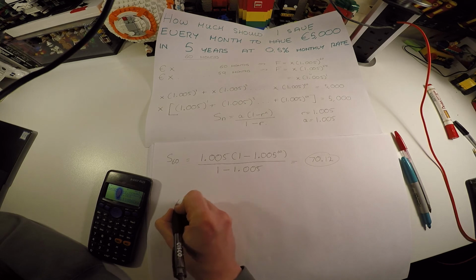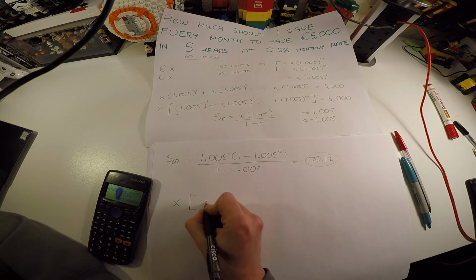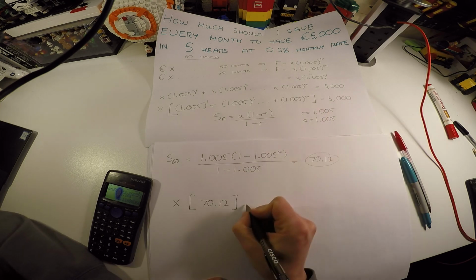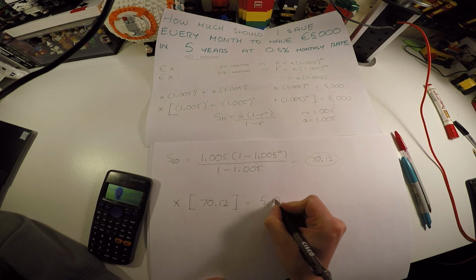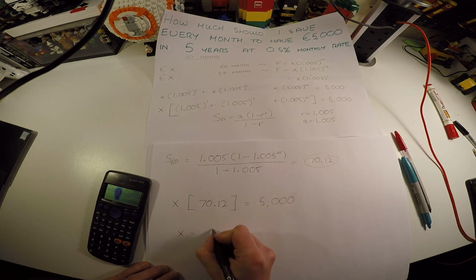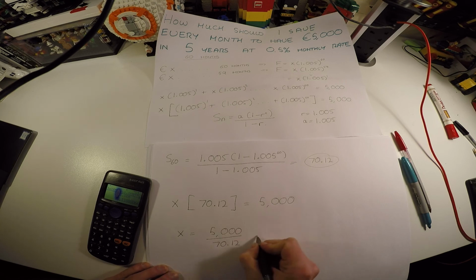So I can actually write this. I can write X, and the stuff in the square brackets was 70.12. And don't forget, that should be equal to 5,000. How do we solve for X? Well, it's easy now. X is equal to 5,000 all over 70.12.